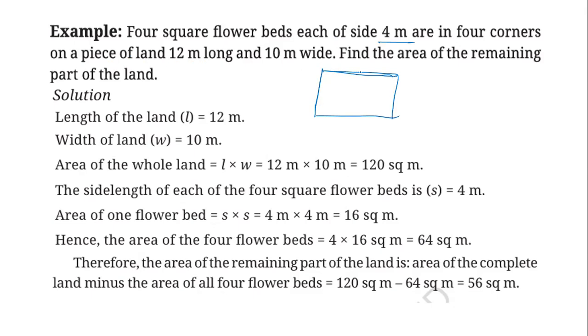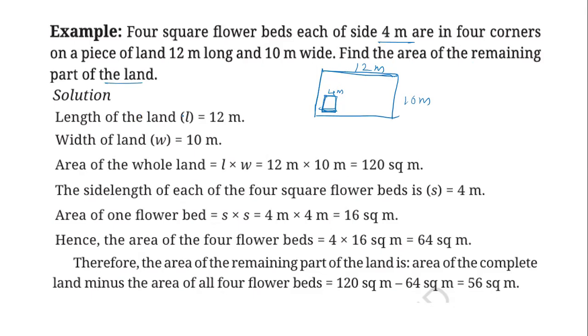This is 12 meter long, 10 meter wide. Here 4 corners, they given each side 4 meter. Find the area of the remaining part of the land. They are asking remaining part.